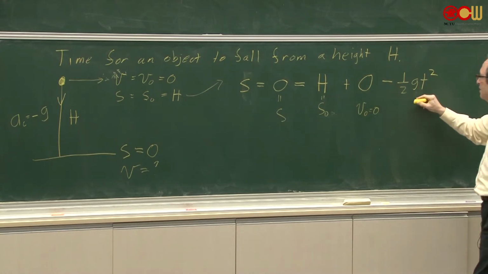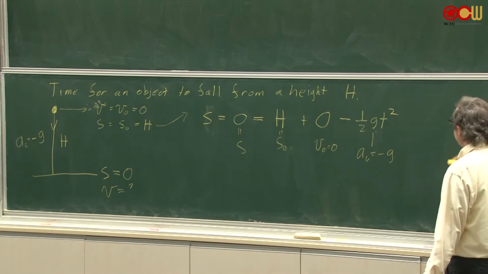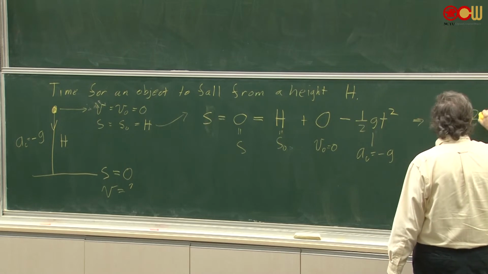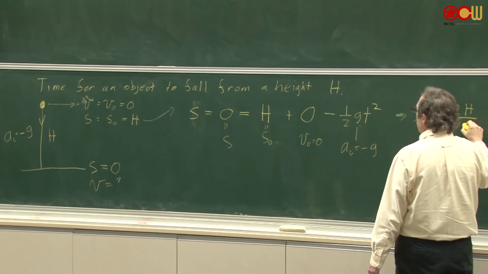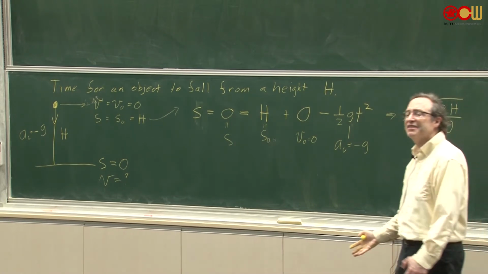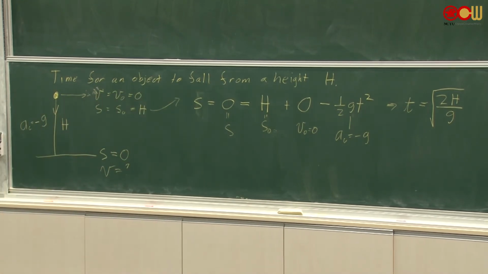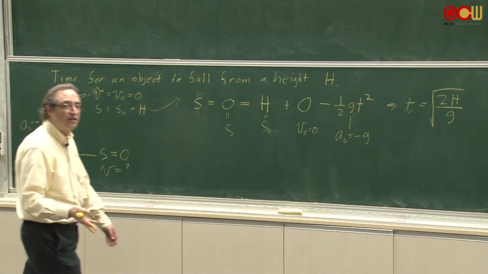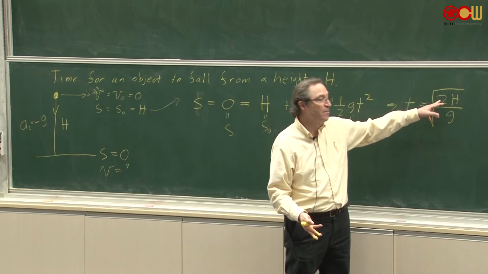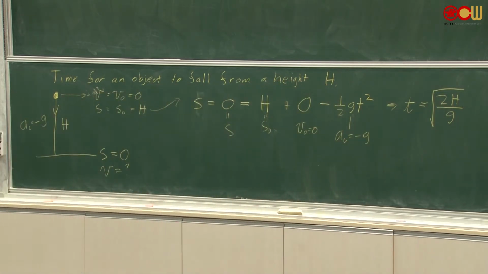So we have a simple formula. We can now easily solve it. And we get T equals the square root of 2h divided by g. All right? And of course, the positive square root is physically meaningful. So we've calculated the formula. Dimensional analysis did not tell us this, but the formal theory tells you it.